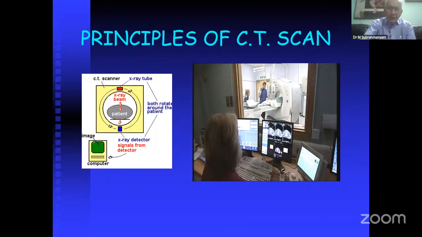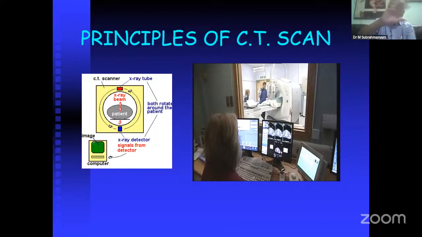In computerized tomography, the patient is driven into the tomograph machine. Here you have an X-ray beam that comes out as it rotates, and here you have the receivers or X-ray detectors which receive the X-ray beams, and they also rotate in the opposite direction as the X-ray beam is rotating.